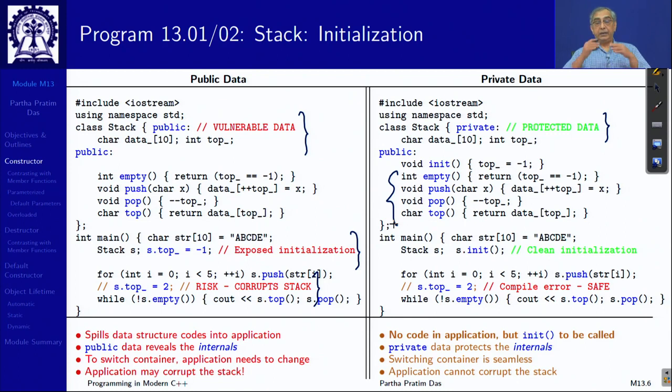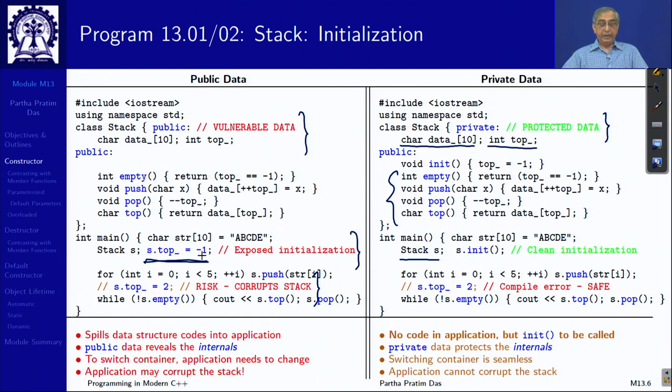Now, there is a border. When I say stack S, obviously I will have an array of data, I will have the top, but what about the value of top? That needs an initialization, right, which I was doing here directly.